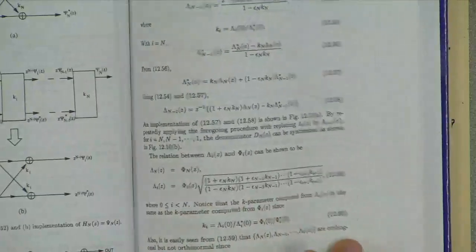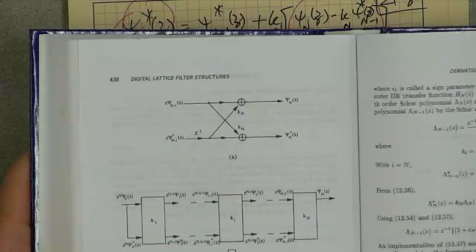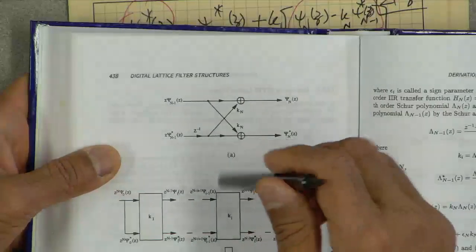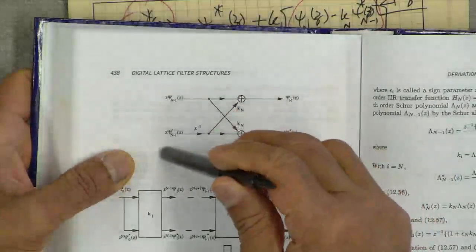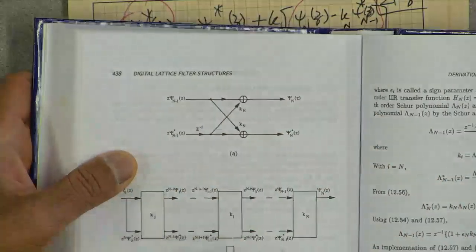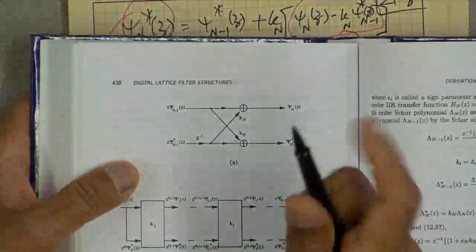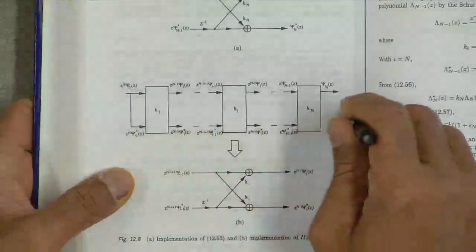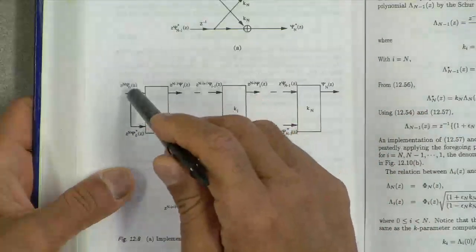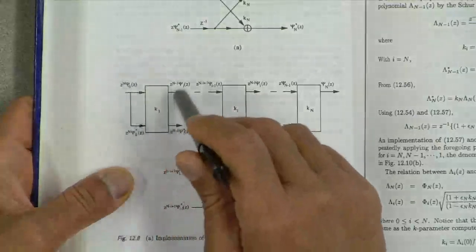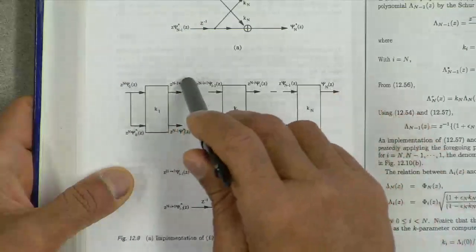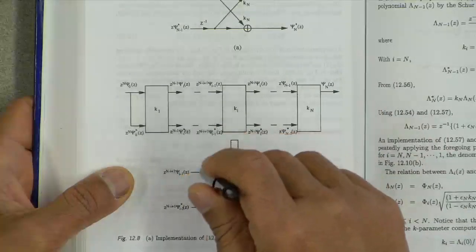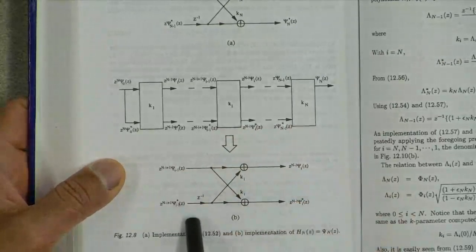Before I start the normalized lattice next class, I will spend a little time on how we can get the FIR lattice from the two equations that we derived, 1 and 2. The forward lattice starts with z to power n psi 0 star, and then keeps reducing degree by 1, z to power n minus 1 psi 1, psi 1 star, and the delay is on the bottom path here.